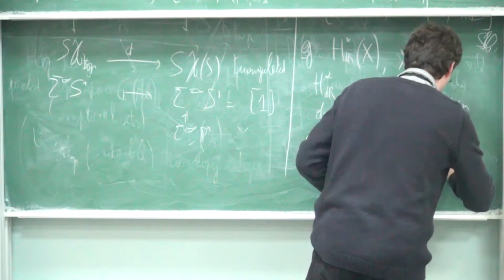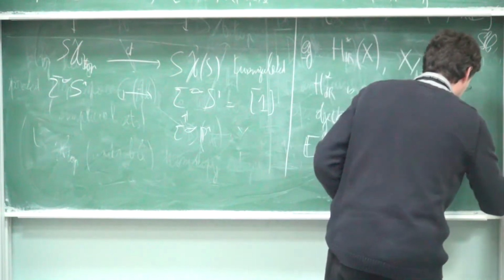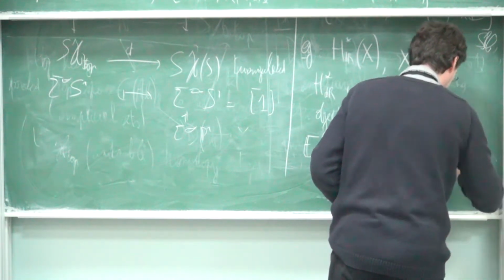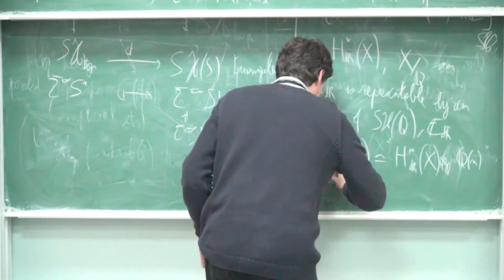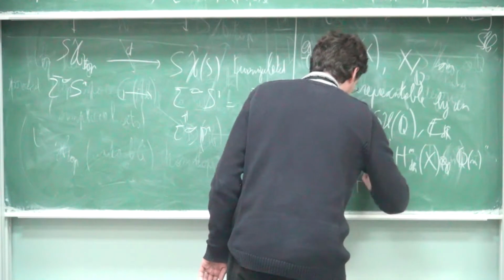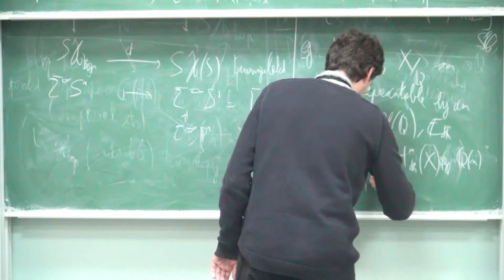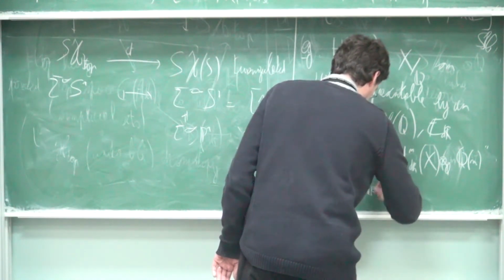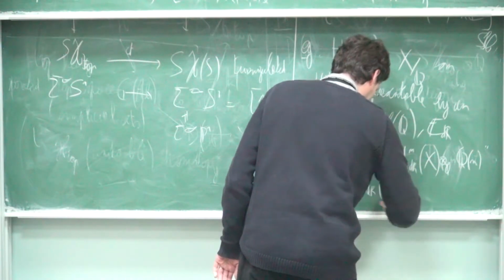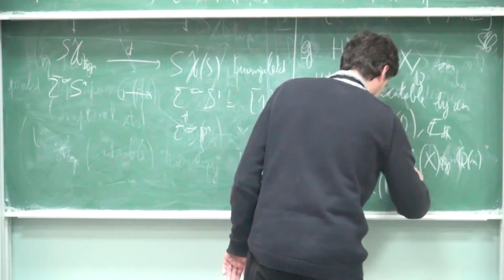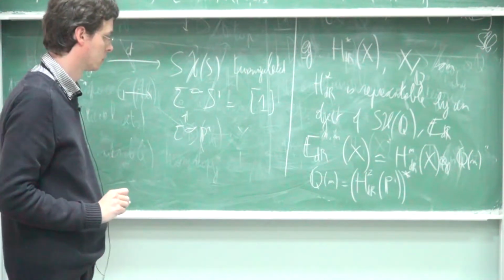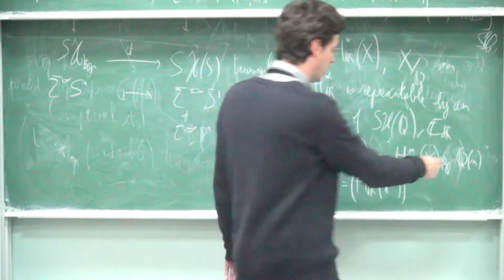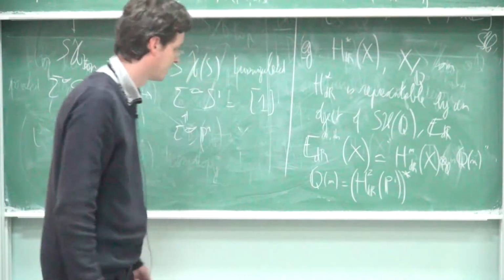Maybe I'll denote that Q(m), and Q(m) is, I think, the dual of H^2 de Rham of P1, if I'm not wrong. Okay, maybe there's a sign plus or minus.